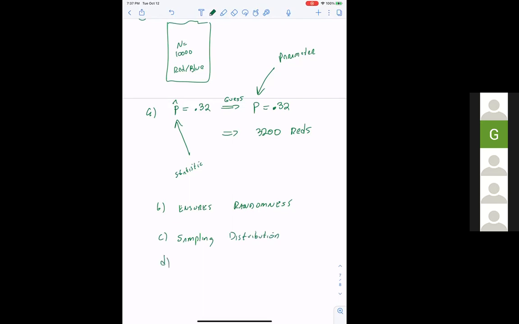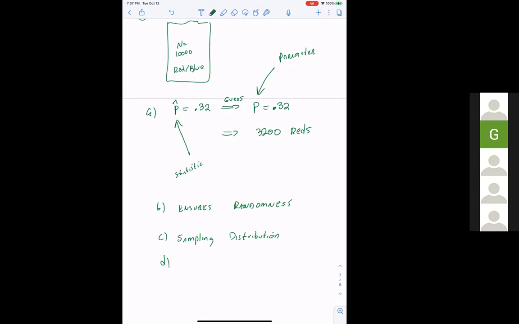D. The 10,000 chips in the jar represent the population here. What is the population parameter? Well, 10,000 is the population size, but for this example, it's not what we're looking for.